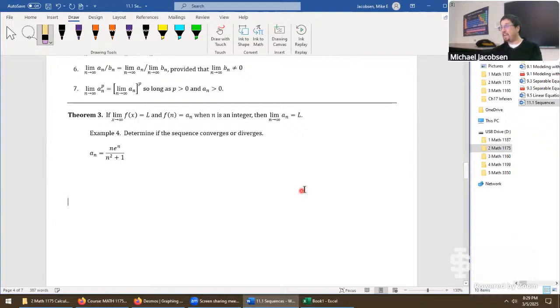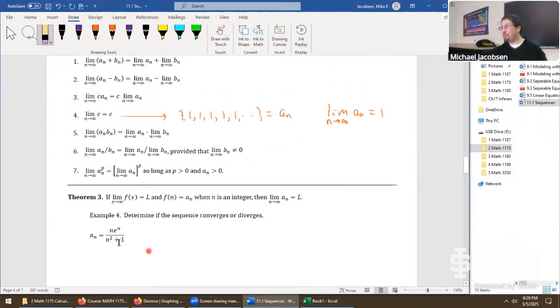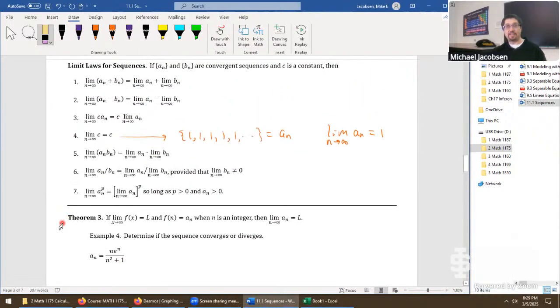Theorem 3 is massive, and it's one of those theorems where we talk about it once, we make a big deal out of it, and then we just take it for granted for the rest of the course in chapter 11.